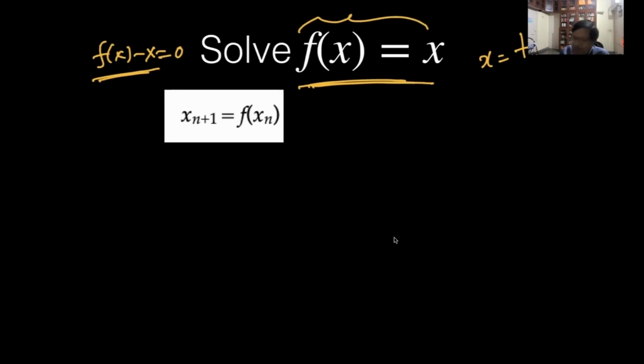What we do is a relaxation method, an iterative method. Given xn, you compute xn plus 1 by saying f(xn) equals xn plus 1.